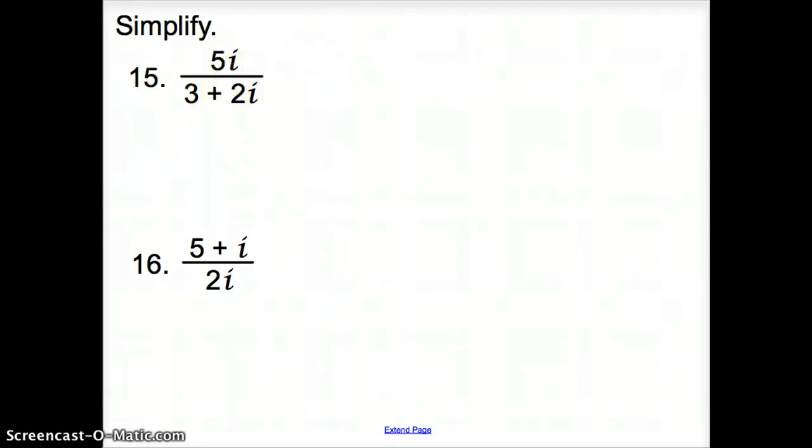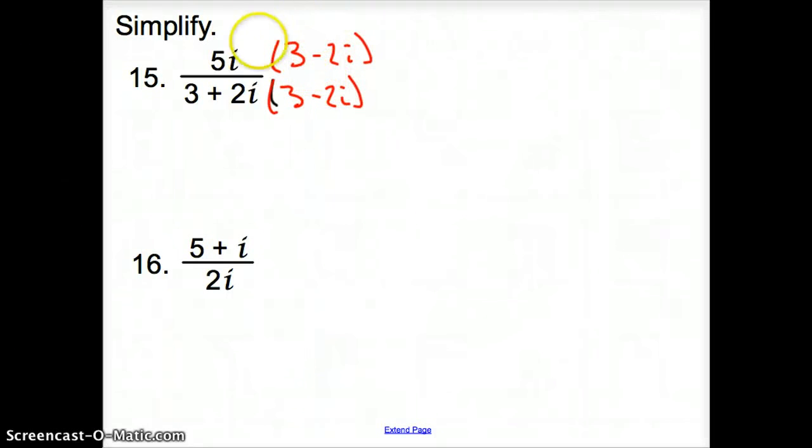Now when we're asked to simplify this, when we have a plus and 2i on the bottom, what we have to do, and it's called a conjugate, we have to multiply the top and the bottom by the conjugate, and what we do is change the sign. So we are multiplying everything, top and bottom, by 3 minus 2i.